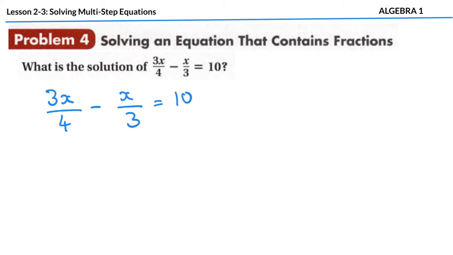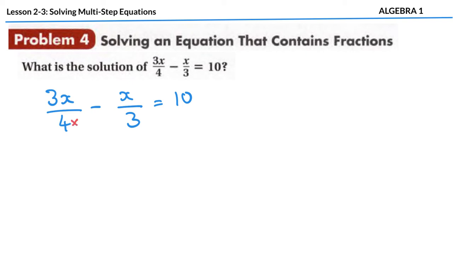Now we can add or subtract fractions only if the denominators are the same. But in this case, the denominators are not the same. So we need to make the denominators the same. How would you do that? Of course, by taking the LCM, but this is pretty simple.